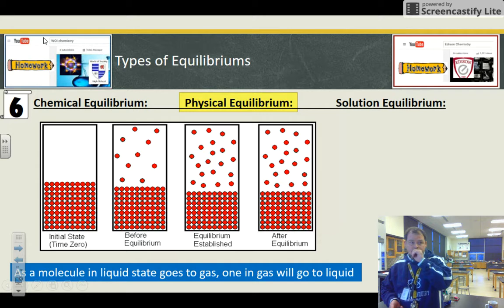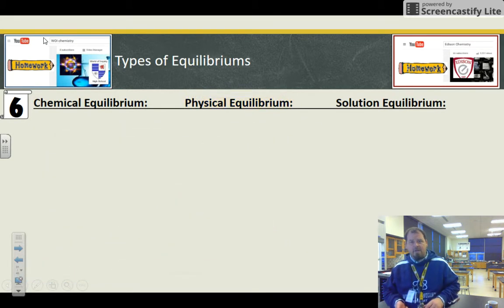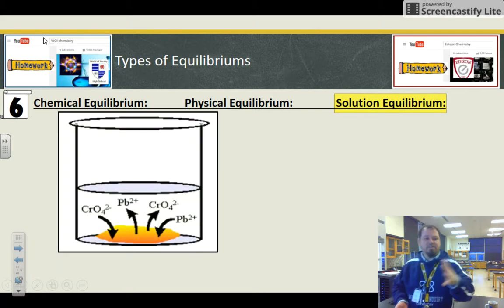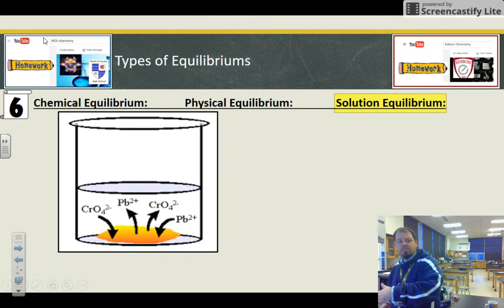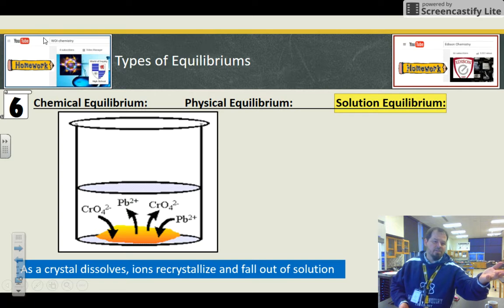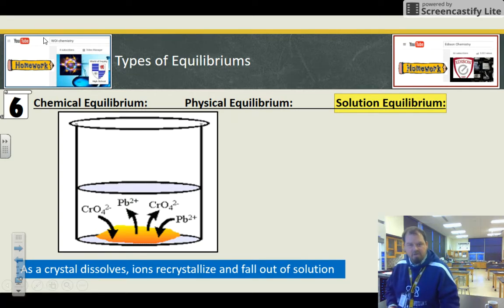Chemical equilibrium is what we're really interested in. Solution equilibrium also happens when I get a saturated solution. So here's a solution that is saturated. I have all the ions dissolved in solution that I can, and there's powder remaining over. Now every time a crystal of the powder goes into the solution, some ions in solution must reform into crystal and come out.